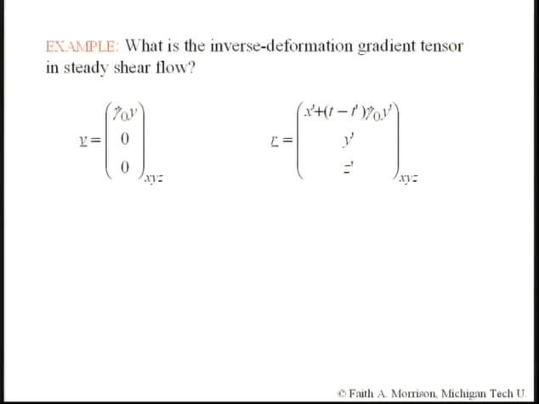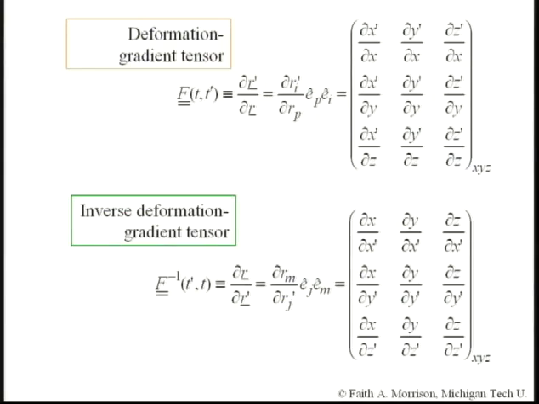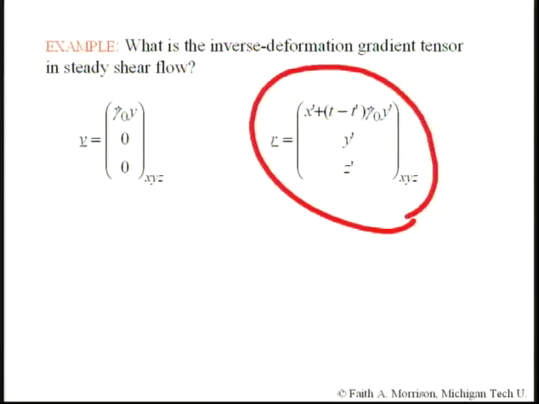So for instance, we could calculate the inverse deformation gradient tensor or the deformation gradient tensor for shear flow. And all we need, see what we're doing here, is we need an expression for the position of the particle at time t prime in terms of where it was at t. That would be something like this, okay?